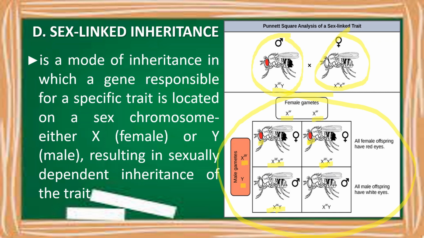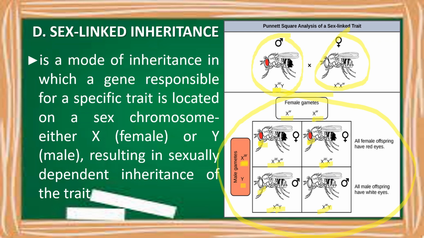The red eyes appear because the X to the power of W from the father is dominant, so the insect, his child, has red eyes. Here, X to the power of W and Y, the offspring is still male but the eyes are white.